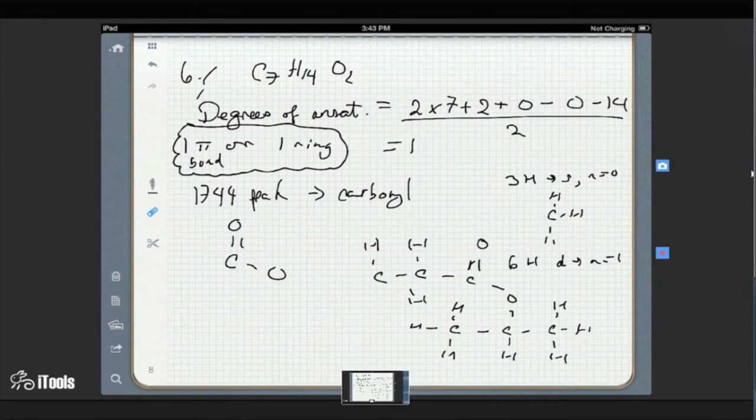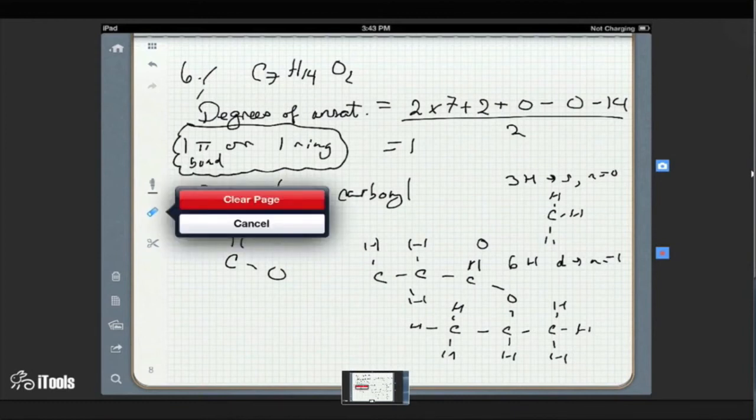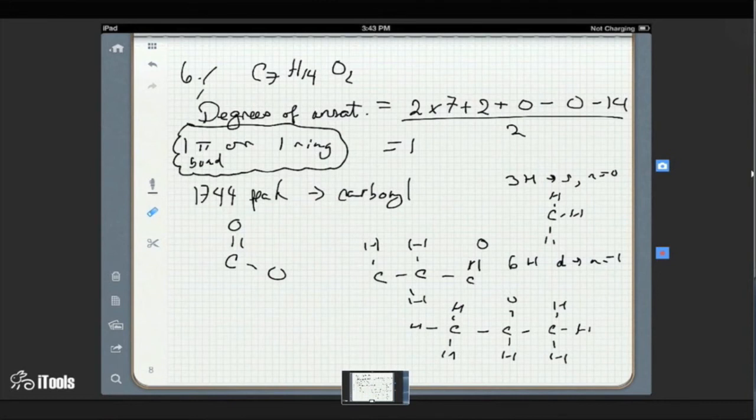Crap. I'm gonna go ahead and make it an ether and a carbonyl. So that's an O there.